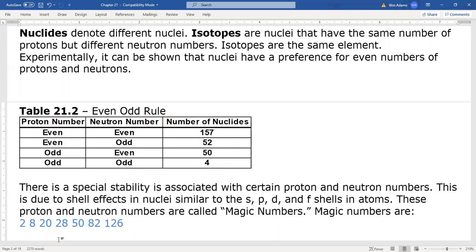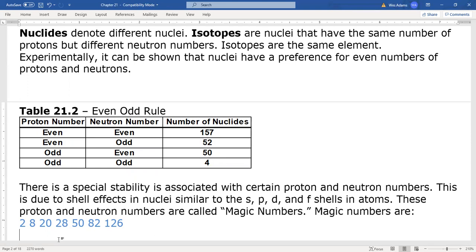But these numbers that are unusually stable we call, quote unquote, magic numbers, and those magic numbers are 2, 8, 20, 28, 50, 82, and 126, where 126 only applies to neutrons because we don't have an element 126. If they eventually develop that element, perhaps there'll be some unusual stability, but there's no way for us to know if that extends to protons at this point.